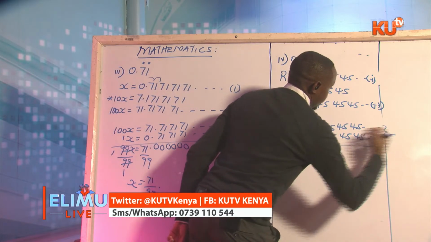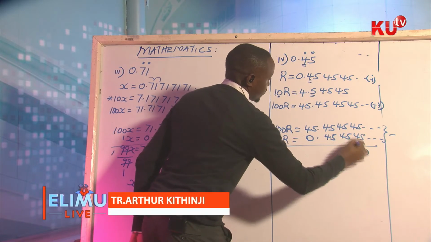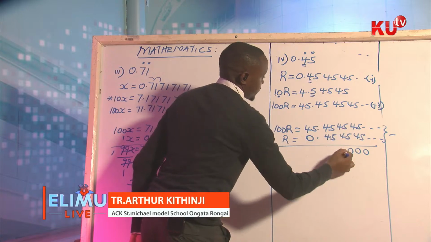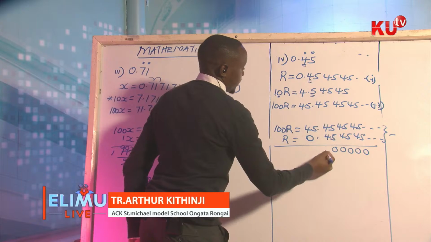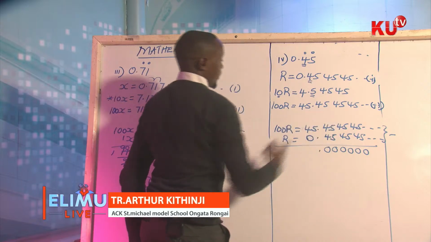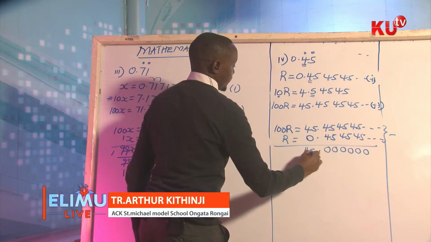When we subtract the two, 5 minus 5 is 0, 4 minus 4 is 0, and so on. Put your decimal there. 45 minus 0 is 45.